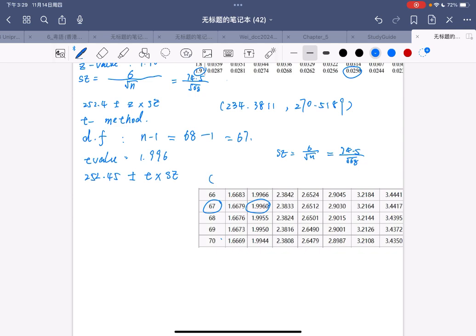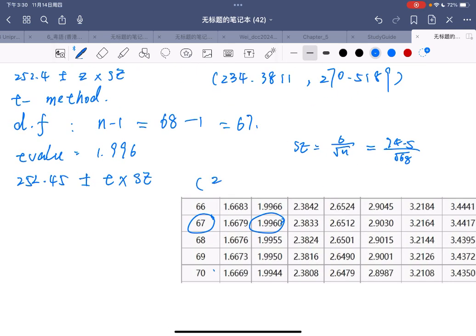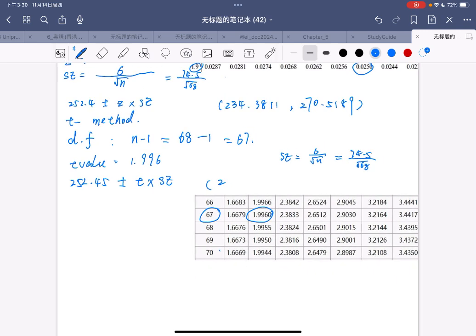So we get the answer: 234.4172 to 270.4827. So we can find that these two answers are very close.